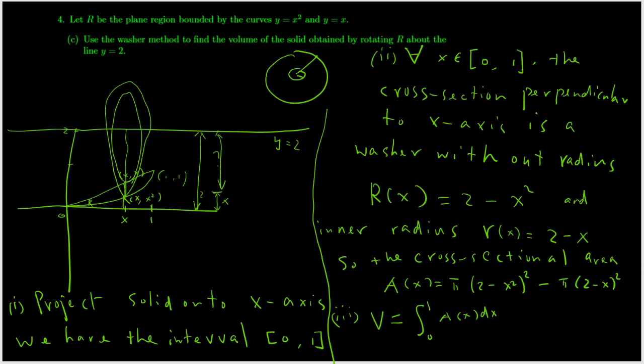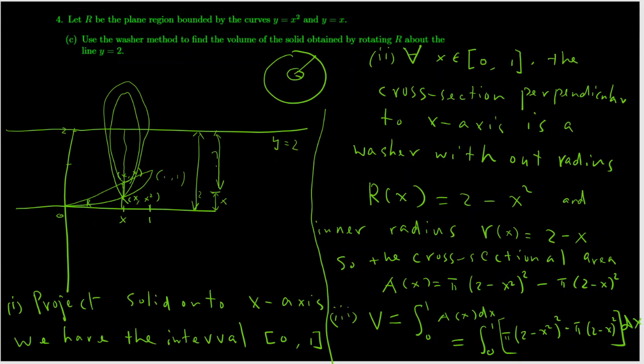You just plug everything in, so you have the answer, right? Again, the integral is not too hard to compute, but I just copy everything in. I'm not going to evaluate the integral.